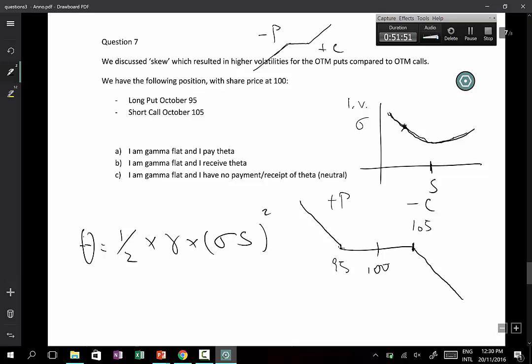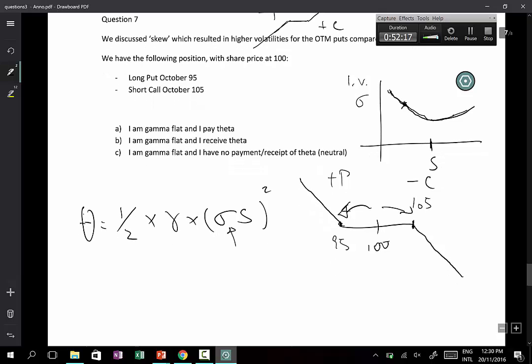Okay. Now, for options that are approximately equally away from the money, $5 away from the money, the gamma should actually be quite similar. Okay, so the problem actually here is this parameter.